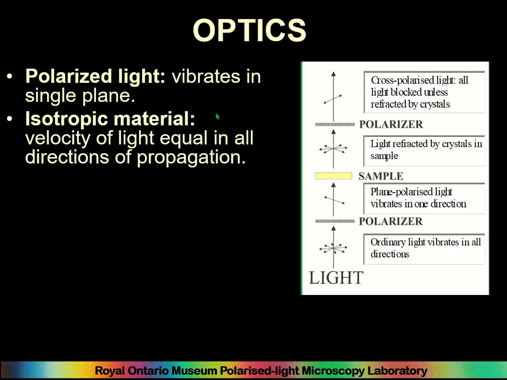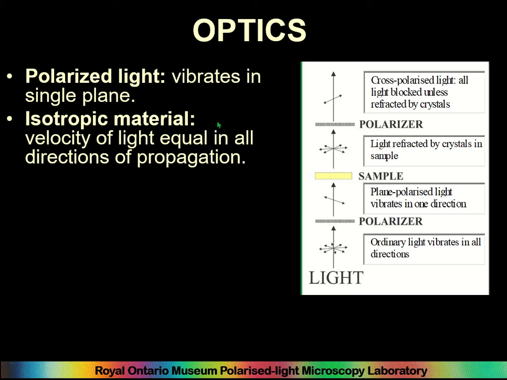So isotropic material, the velocity of light is equal in all directions of propagation. So that includes things with no structure, like a glass. So glass, like anthropogenic glass, like the glass you drink water out of, will not propagate light differently in any direction.